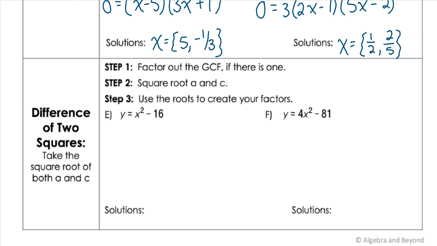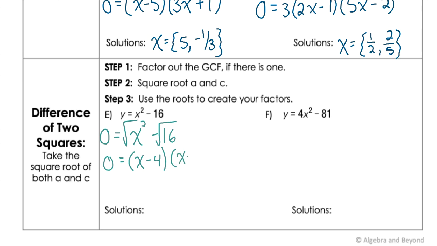And then we're going to square root a and c, because they're perfect squares, and use those to create our factors. So set it equal to 0. This first one does not have a GCF of any sort, so I'm going to square root both a and c. And that is going to give me x minus 4.